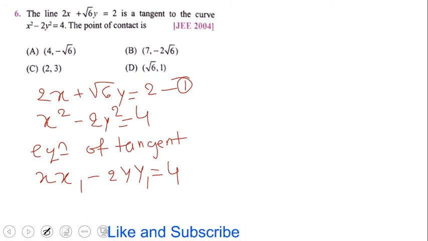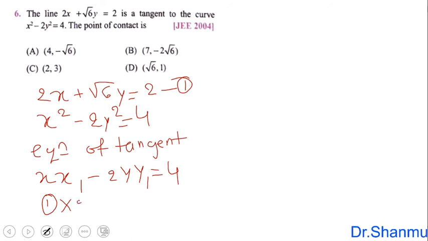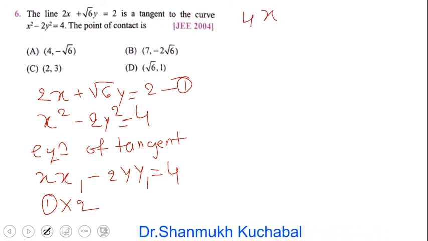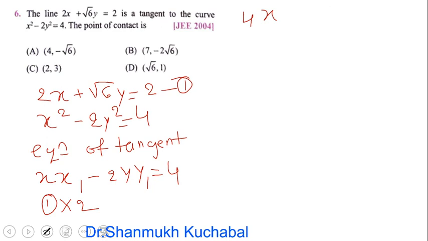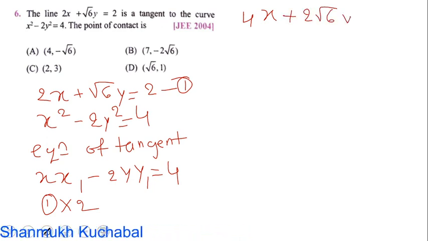Now look at equation 1. The RHS is 2. Look at this last equation, equation 4. So I multiply equation 1 by 2 to make the RHS of these two equations the same. So I get 4x plus 2 root 6y equal to 2 into 2, which is 4.